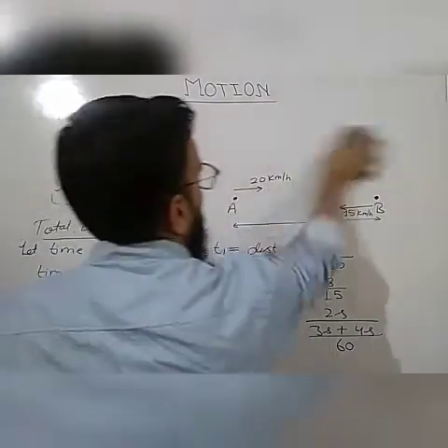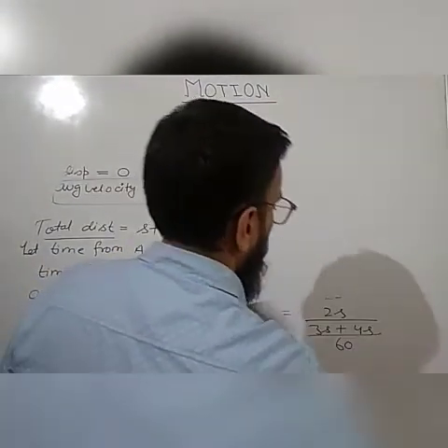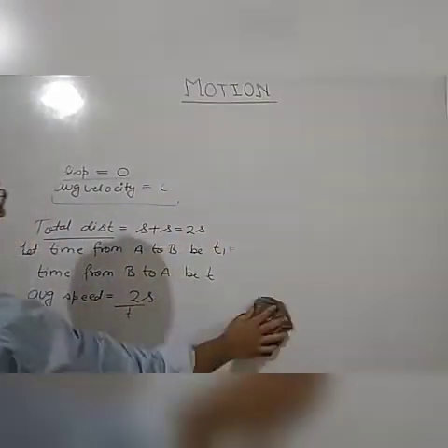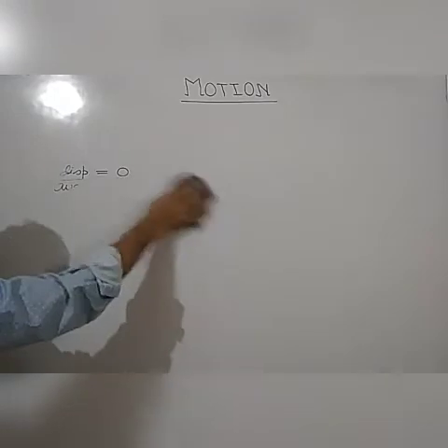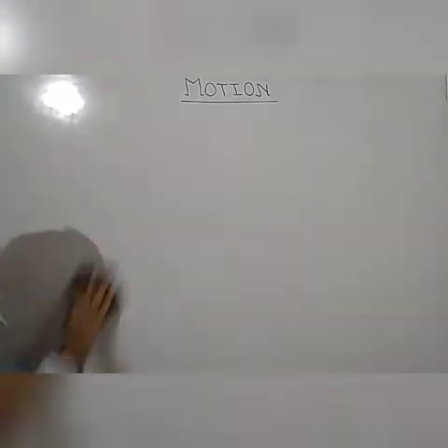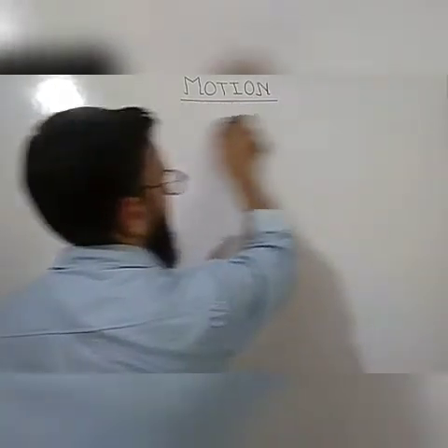Now we are going to start the classification of motion. In our first class, we came to know about rest and motion: what is rest, what is motion, what is frame of reference.